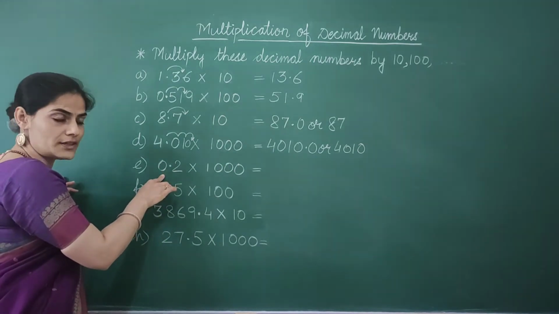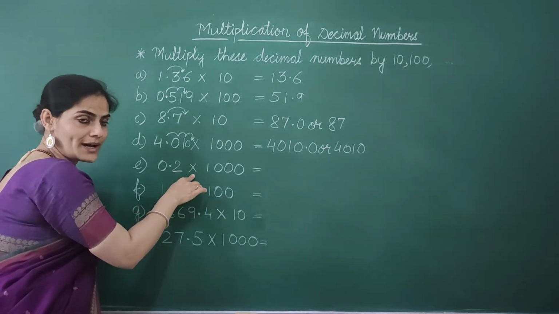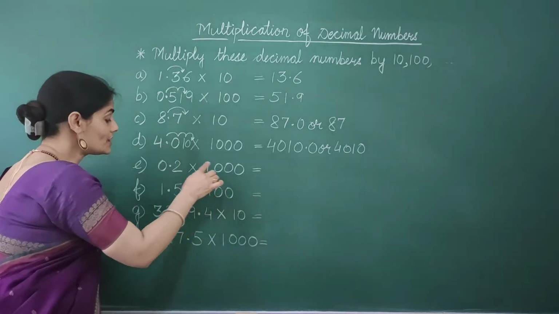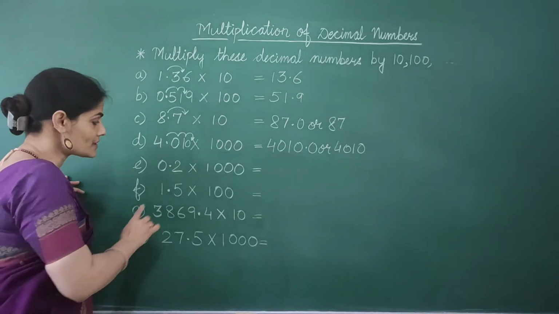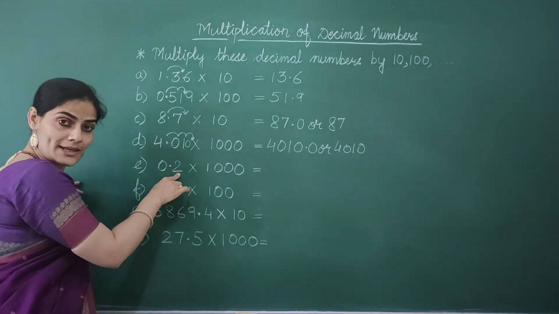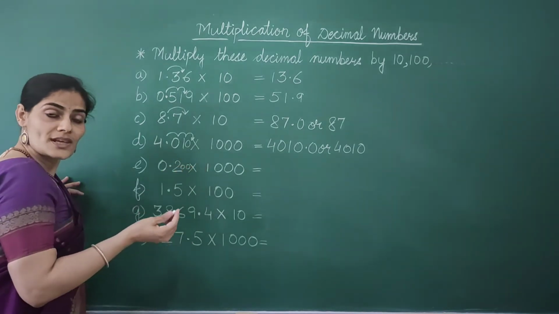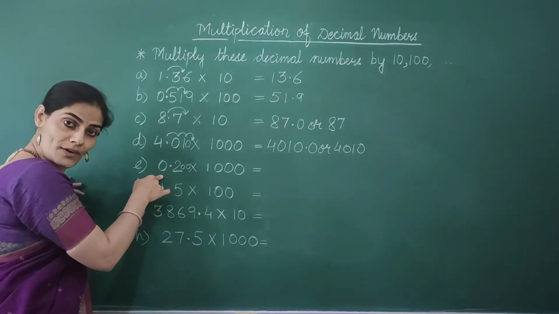Now let's move to the next part. What do we have here? We have 0.2 multiplied by 1000. There are 3 zeros. So the decimal should shift towards the right side by 3 places. But we have just 1 place in the decimal part. So I can add as many zeros as I want at the end, because it's not going to change the given value.